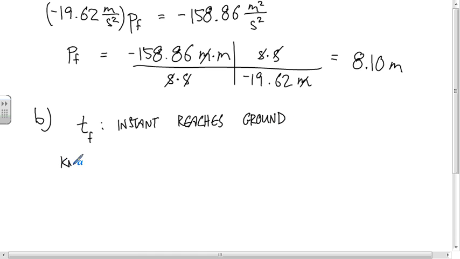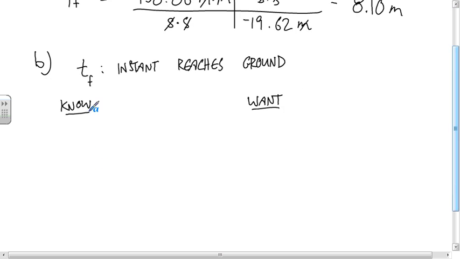So let's list out what we know and what we want. A lot of this stuff still doesn't change, even though we changed time final. The stuff at time equals 0 doesn't change. So our P initial is still 3 meters. Our P final, do we know our P final?